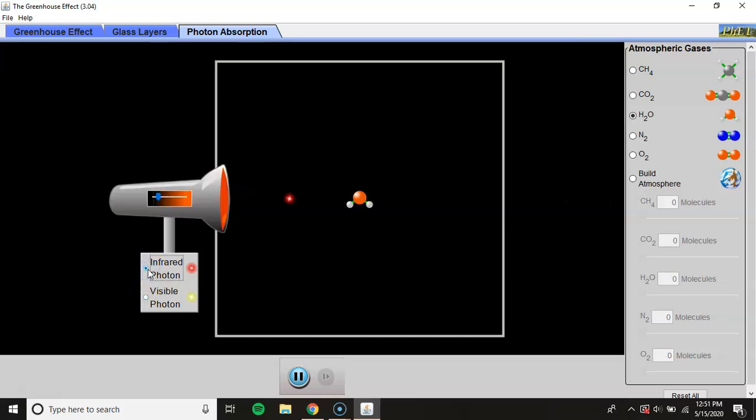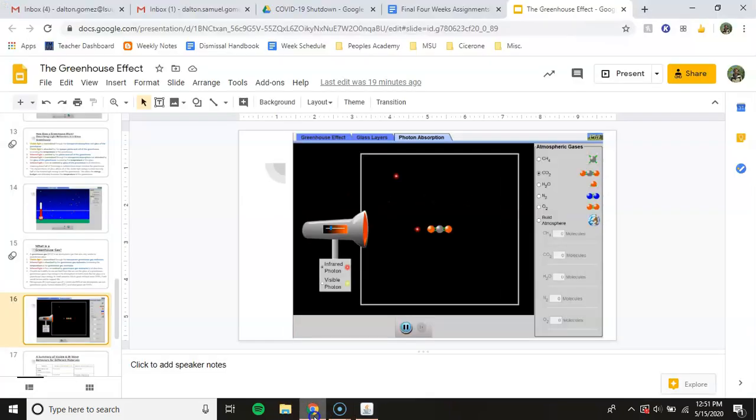But watch what it does to infrared light. It captures it, it wiggles, and then it shoots it off in a random direction. The capture is absorption. The wiggle is the increase in temperature. And then the shooting it off in a random direction is that re-emission in any direction. Any direction means some of it's back towards Earth. All right, and at that, we're going to pop back to the presentation.